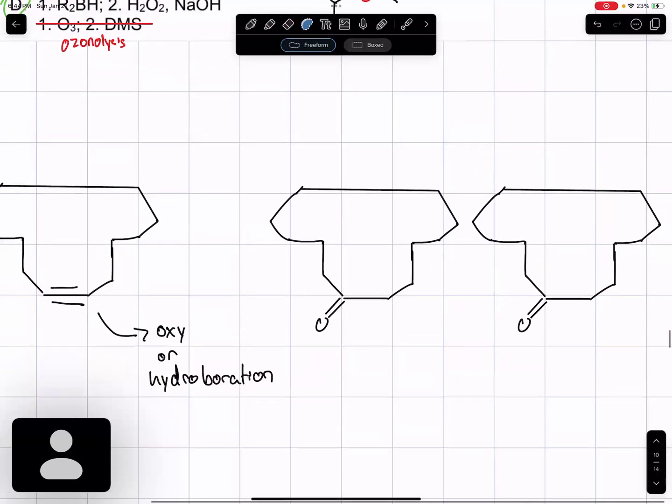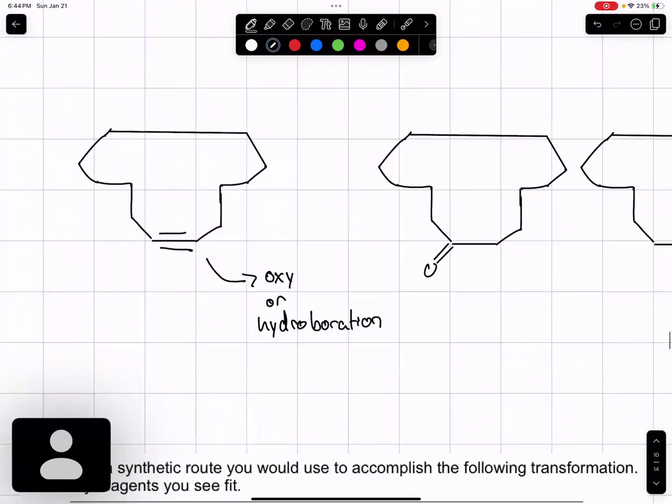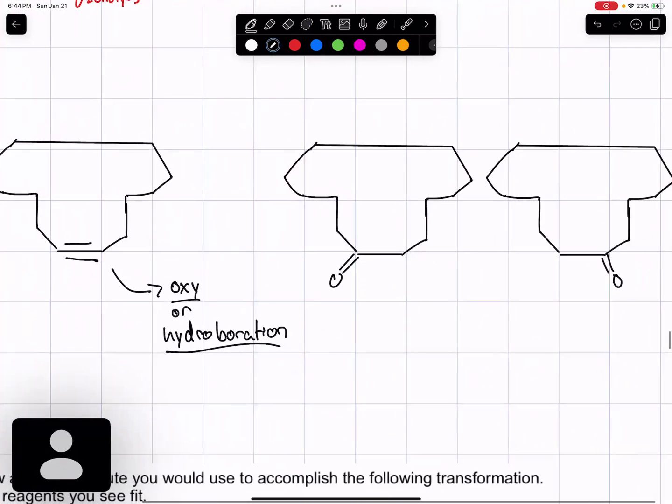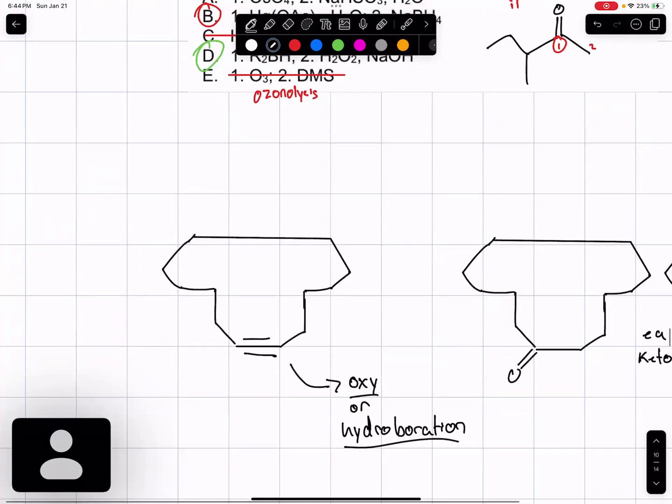You could use either reagent, oxymercuration or hydroboration, to make one of these two ketones. These are equivalent ketones.